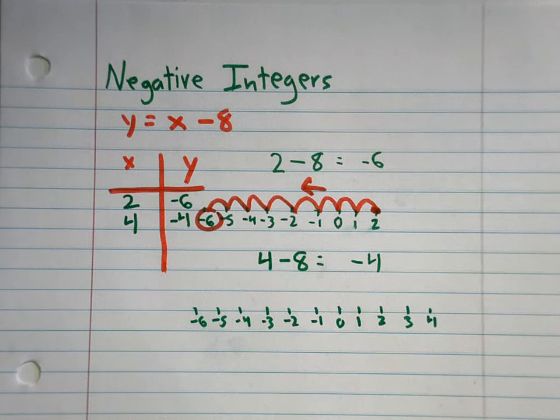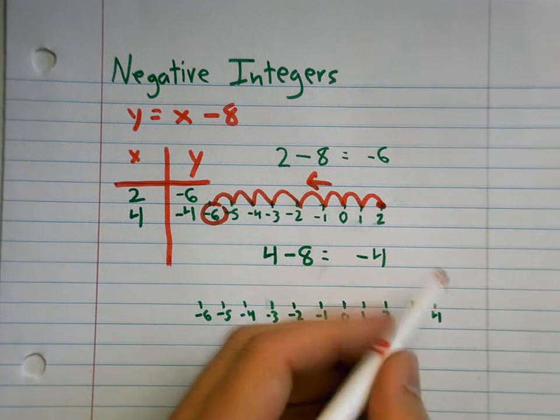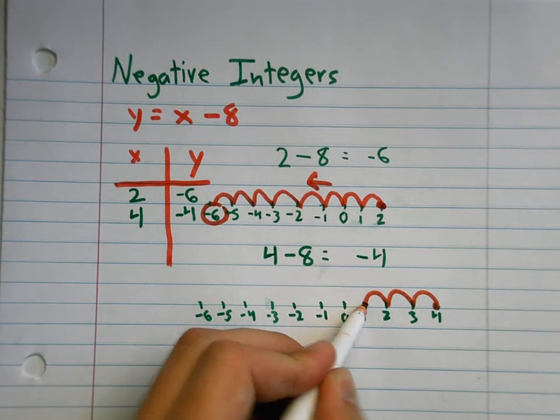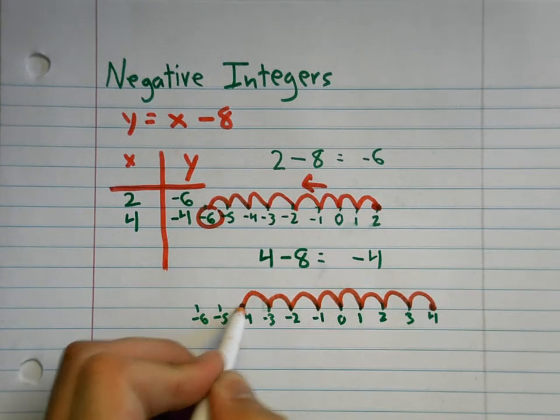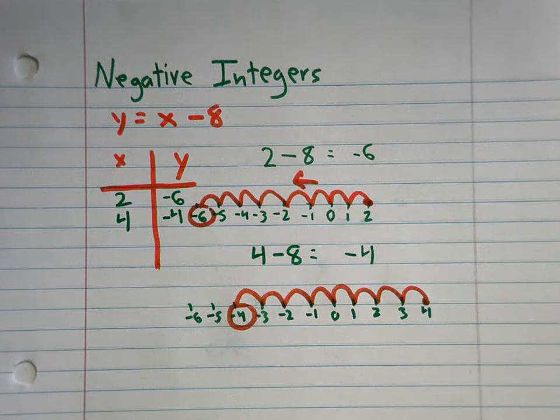And I'm going to start at 4 and I'm going to move to the left 8 places. So starting right here. 1, 2, 3, 4, 5, 6, 7, 8. Holy cow, you were right, Marco. When I have a 4 and subtract 8, I land on -4.